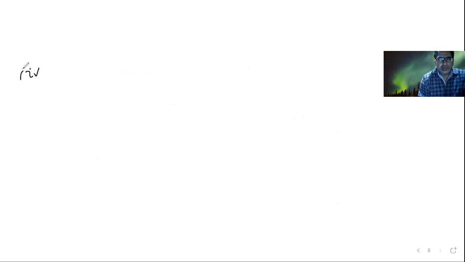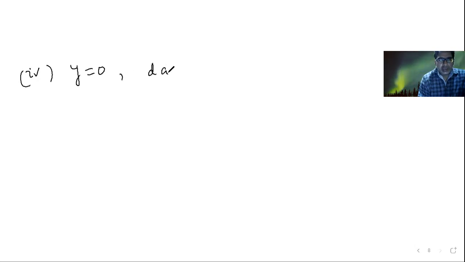Now for fourth phase, y is 0 because it coincides with the origin. So y is 0.